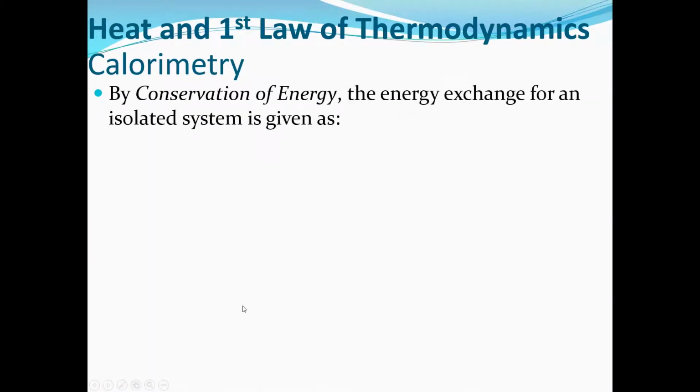Now, conservation of energy tells us that when we have an isolated system of, let's say, two objects, any heat lost by one object has to be gained by the other object. That's what conservation of energy is telling us. Whatever heat we lose, something has to gain it.